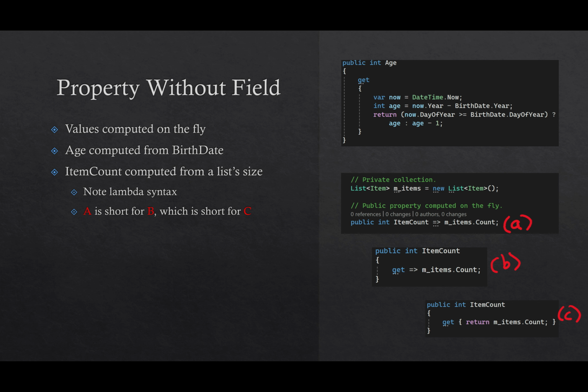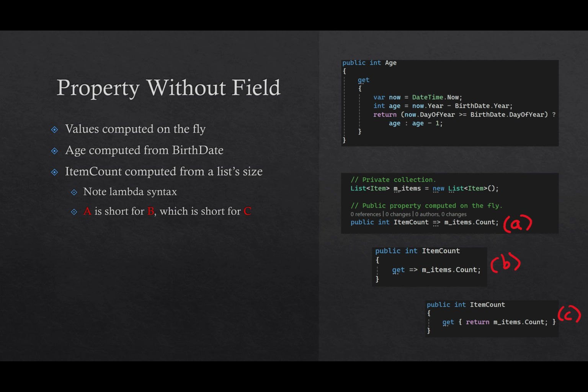By the way, there's a little bit of interesting syntax here, because the item count read-only property doesn't really look like the other properties we've seen so far, because it uses this lambda syntax, that little arrow with the equal sign, the equal sign greater than sign. That's the lambda symbol, and it can be used if a lambda method or lambda function is one where the entire function can be just a single expression.